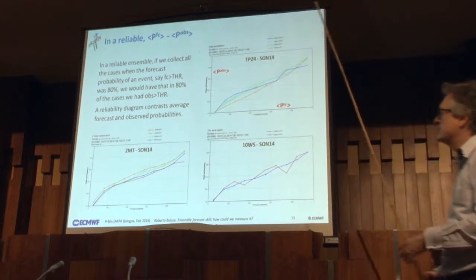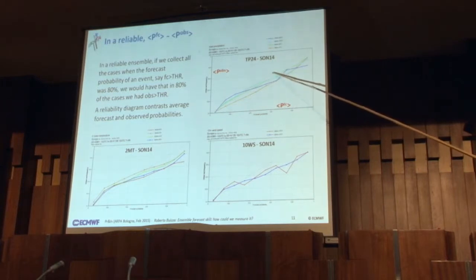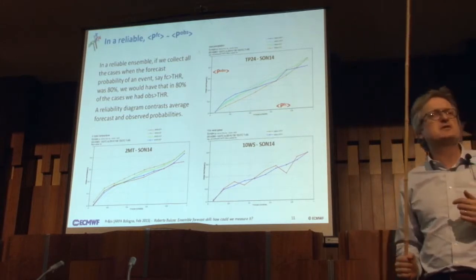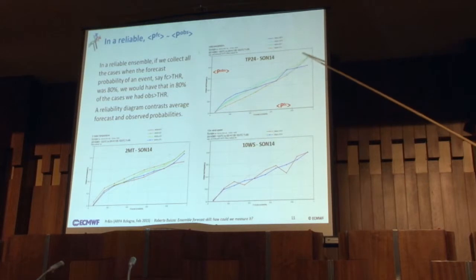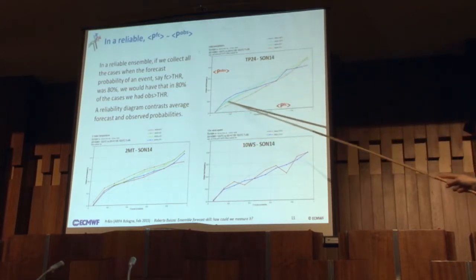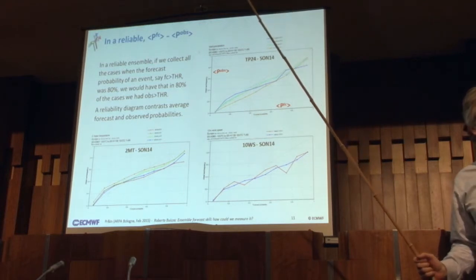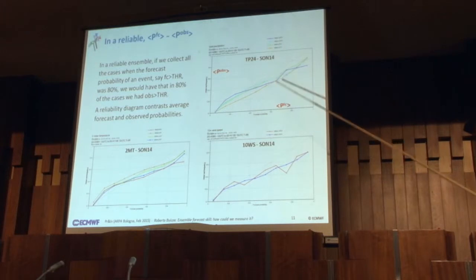And what you want to see is that if I predict an event to occur with a probability of 60%, on average I want to see it happening 60% of the times. So on this reliability diagram, what we try to aim for is to have the curves lie as close as possible to the diagonal. And the Brier score is a measure of how close you are to this diagonal.